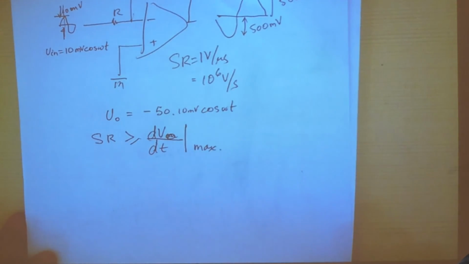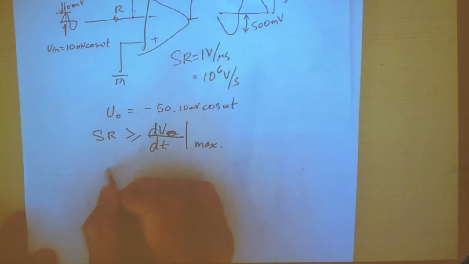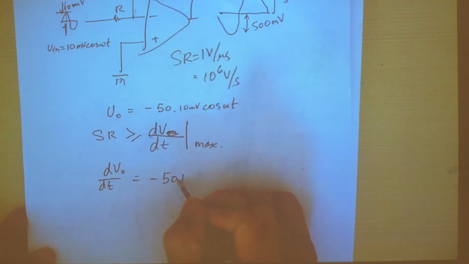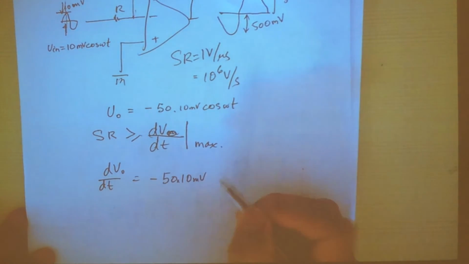Right? And therefore I can now write the equation of dV out dt. And this is equal to what? Is equal to minus 50 times 10 millivolt, omega, sine omega t.